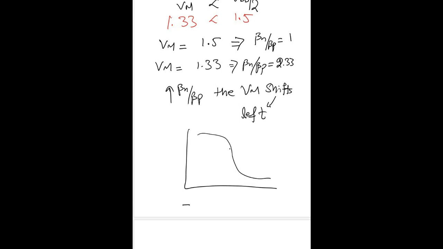This was the curve for beta N by beta P equal to 1, and now this curve will shift something like this when beta N by beta P is equal to 2.33.